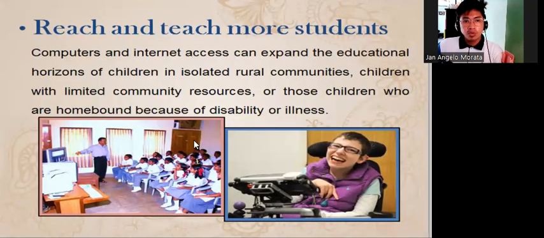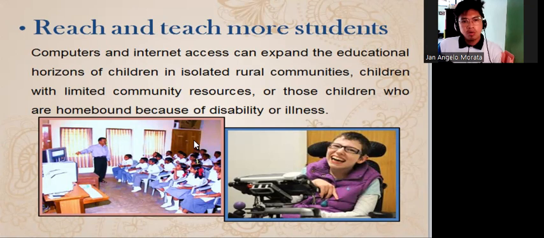Reach and teach more students. Ito yung kagandahan. Computer and internet access can expand the educational horizons of children in isolated rural communities, children with limited community resources and those children who are homebound because of disability or illness. Usually sa classrooms ngayon, yung ratio is nasa 1:40 to 60.